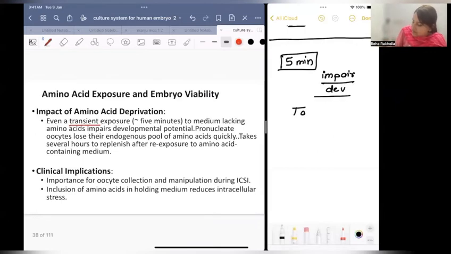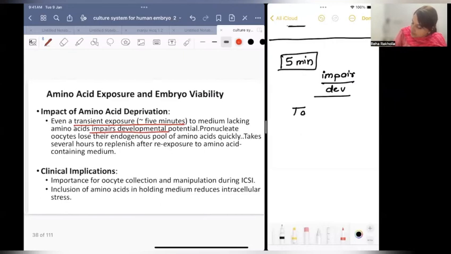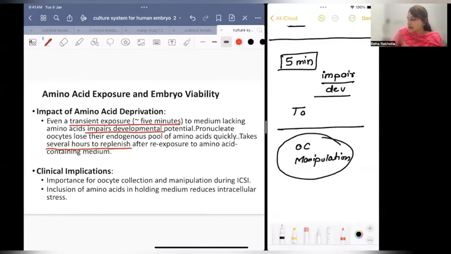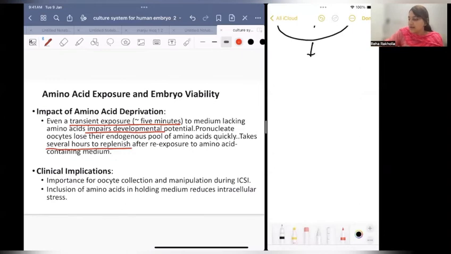The clinical implication is that we handle oocytes. So during oocyte collection and manipulation like ICSI, the holding media should contain amino acids.